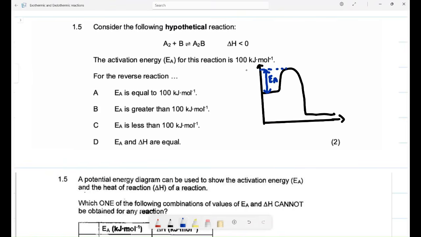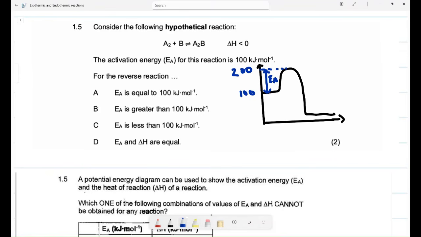If this is 100, I have to put the energy of the reactant as 0. Remember, it is possible that the energy of the product becomes negative. Or I can say this is 200 and this is 100, so that it gives me the difference of 100.